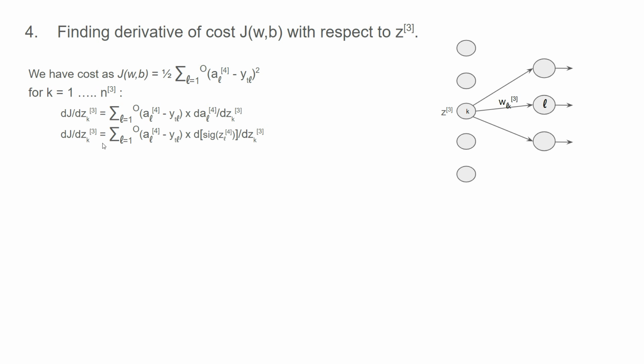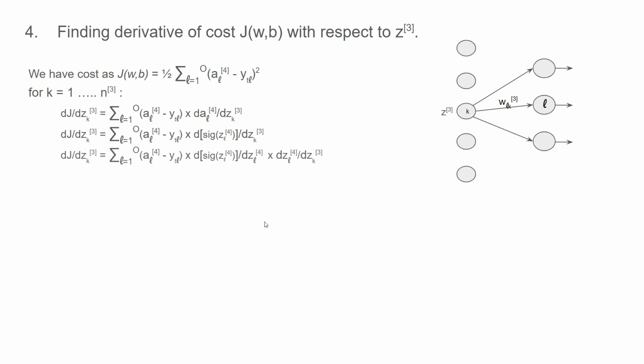dJ by dzk3 equals the summation over l equals 1 to O of (al4 minus ytl) into, here we have substituted al4 with sigmoid of zl4.